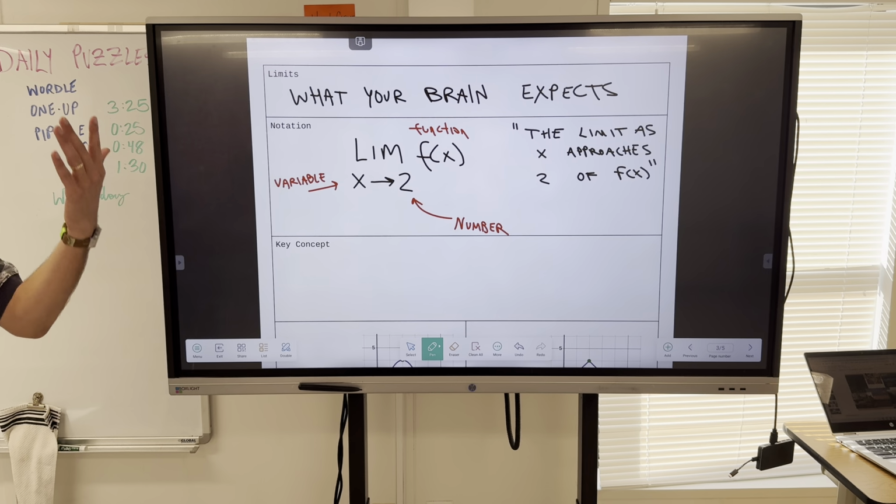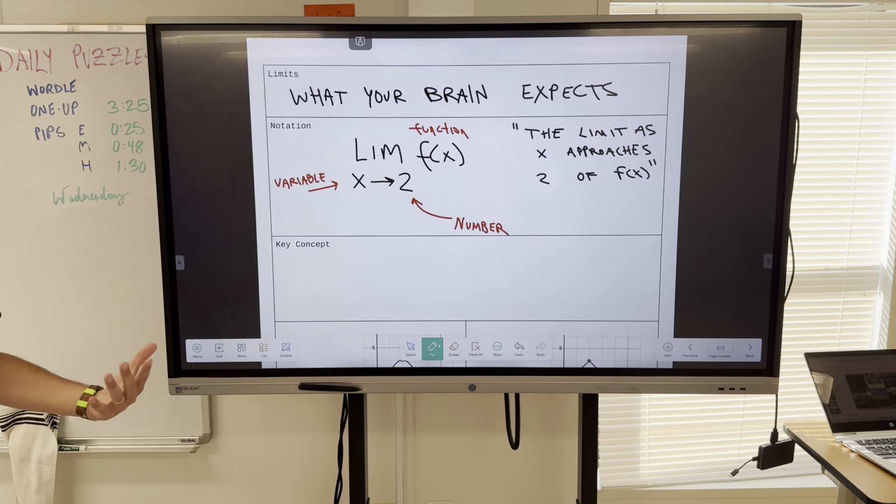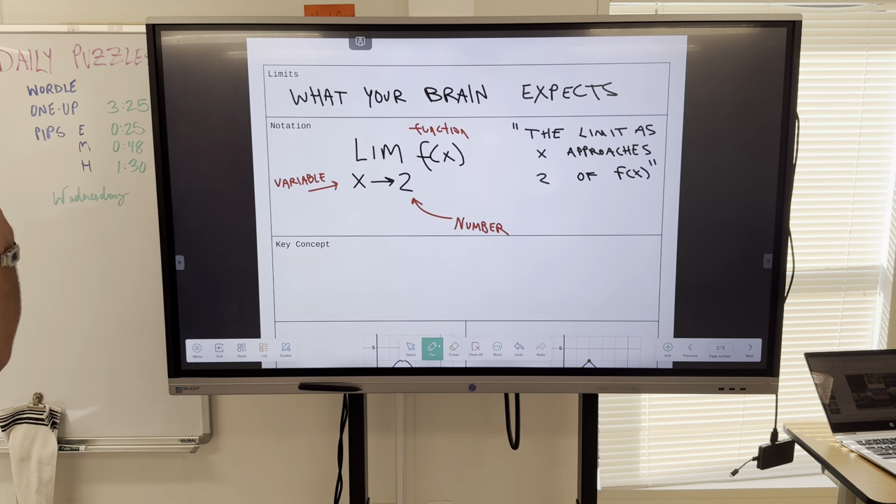Or you could even put the f of x part in the middle. You could say the limit of f of x as x approaches 2. But the whole idea is that it's about what your brain expects as you get close.